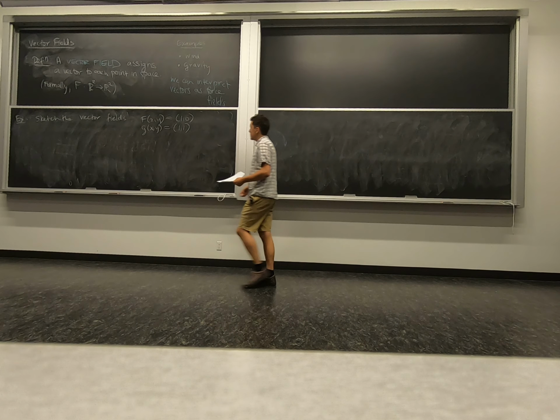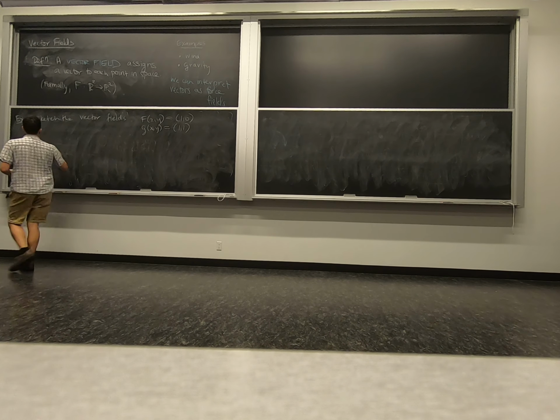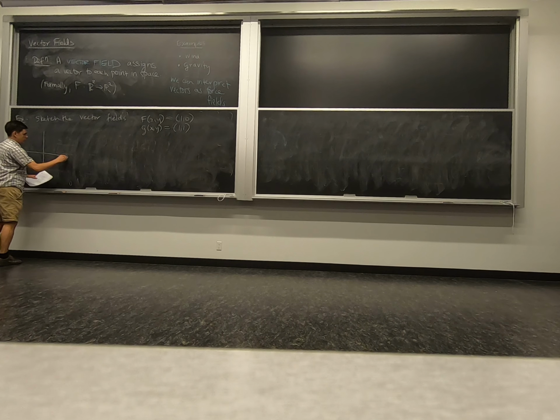Okay, so for our sketch of the force field big F, all of the vectors are pointing in the direction of 1, 0. Right? So they're all pointing parallel to the x-axis, and they're everywhere.